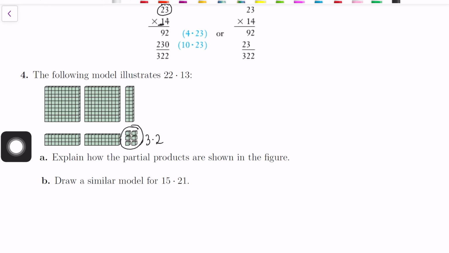Let me write it the same way as they wrote above, 3 times 2. The next one, we had 22 with 2 longs and we made 3 copies of it. So this is 3 times 20, 3 times 2 longs, right? So this one here is 3 times 20.